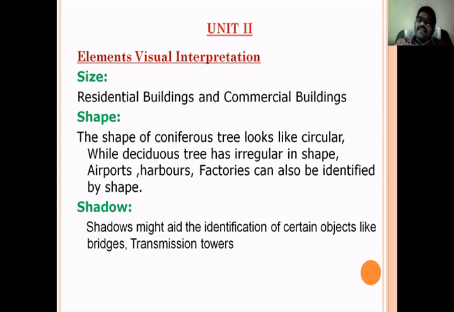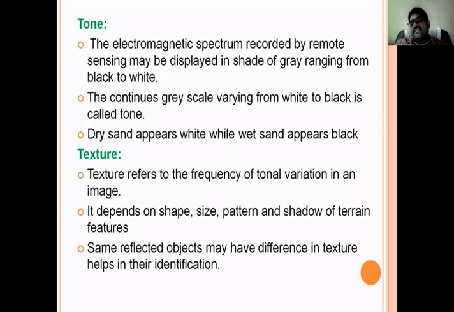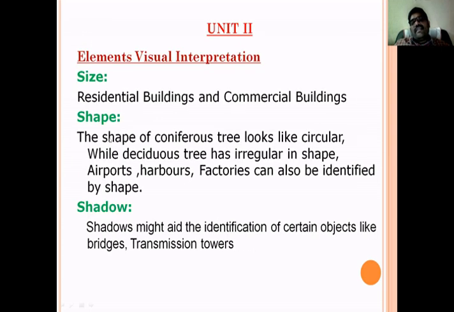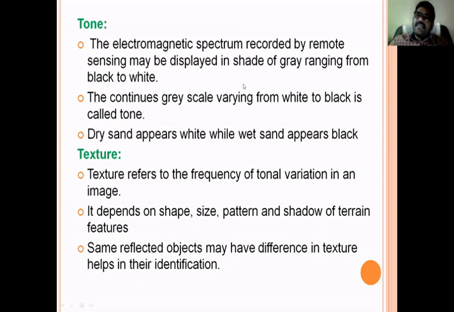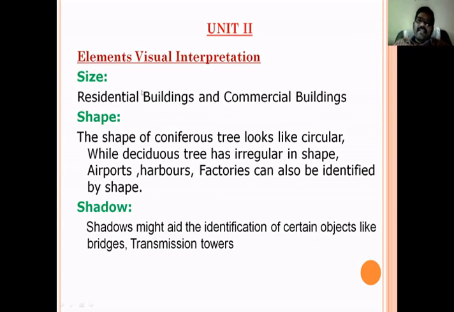We are in Unit 2 where we are discussing image analysis. The first one is elements of visual interpretation. If it is in a classroom, we can split the words for more understanding, but it is not possible for all the topics and all the sentences.